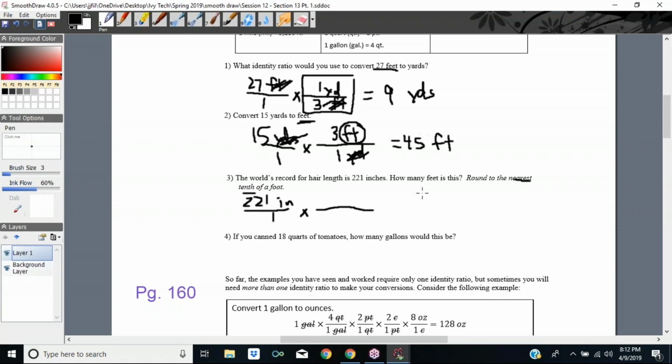And we're going to put our conversion factor in. This time we want inches on the bottom, feet on the top, and you all have figured out that the conversion is 12 inches is 1 foot. So we see that the inches cancel out, and we're just going to do 221 divided by 12. And then that gives us feet. So 221 divided by 12 is 18.4.